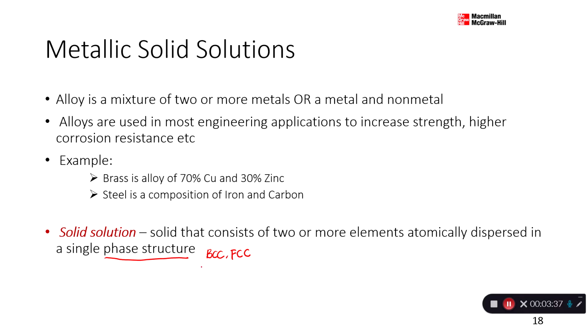Okay, so it means that even though the metal has more than one type of element, they are dispersed in a single phase structure. So the structure does not change. Only maybe parts of the atoms in the structure are replaced by the other elements. Okay, that is how you can view the solid solution. It still has the same atomic arrangement.